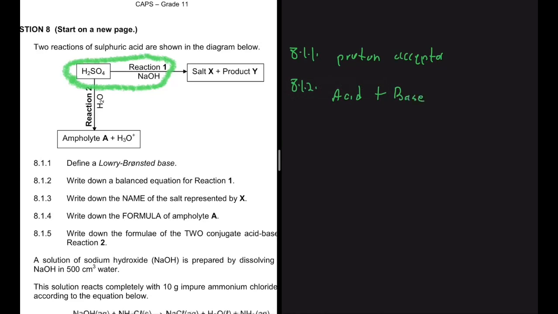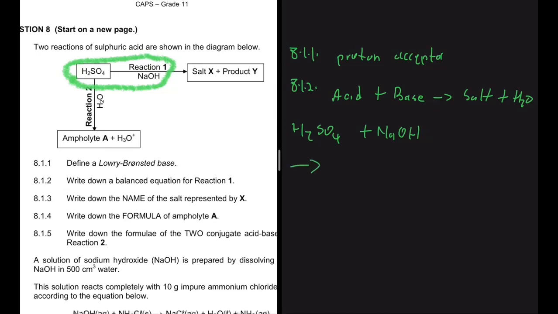An acid and a base will always give you a salt plus H2O. That's just the general idea when you have an acid and a base. So we have H2SO4 plus NaOH, and this will give us something. Let me put the arrow here for the sake of space.